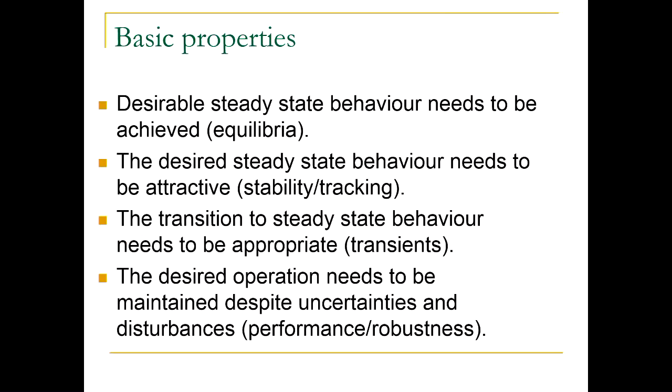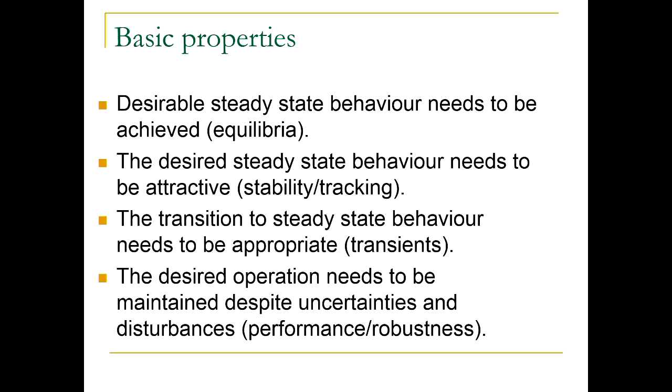All right, so what are the basic properties that any closed-loop system or any system should really satisfy when you design it? Well, desirable steady-state behavior needs to be achieved. In other words, the behavior that we are interested in needs to be maintained, which leads to the concept of equilibrium.